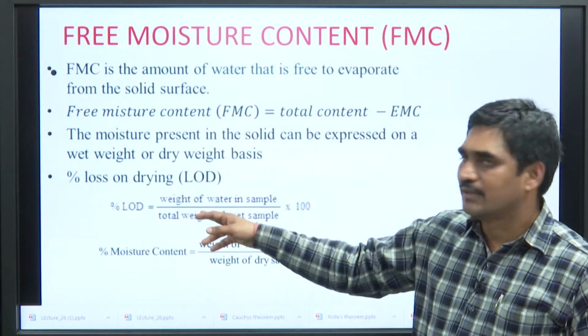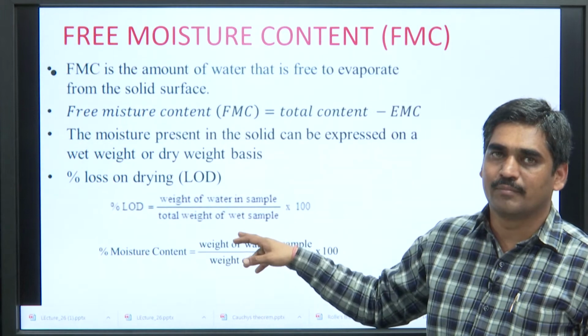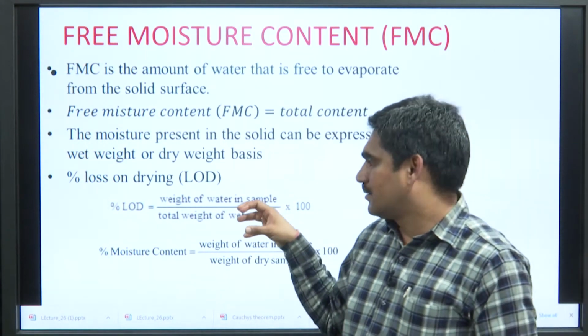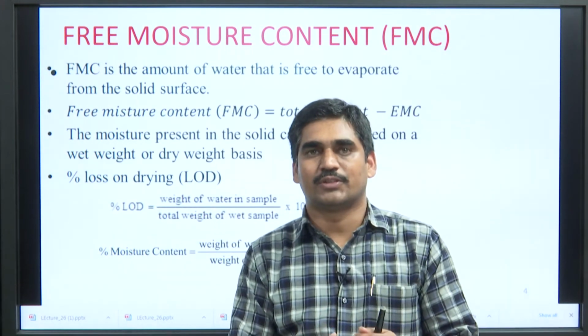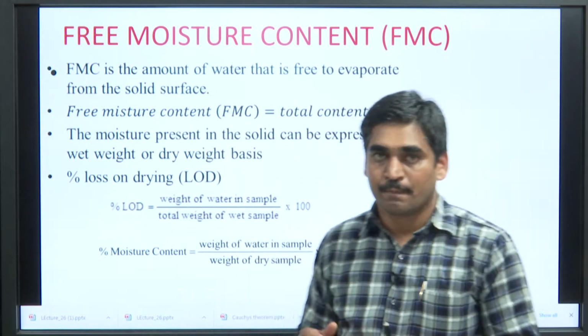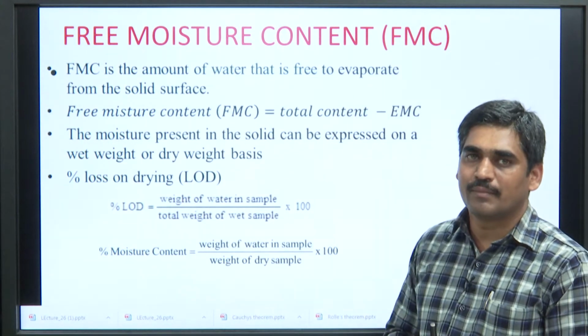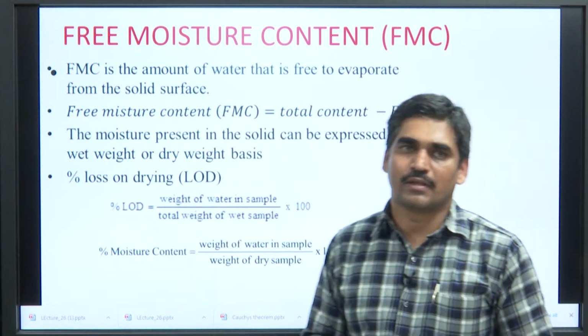Percentage LOD is equal to the weight of water in the sample divided by the total weight of the wet sample, multiplied by 100. In this way we can determine the amount of moisture that is removed from the product. Percentage moisture content is equal to the weight of water in the sample divided by the weight of the dry sample, multiplied by 100.